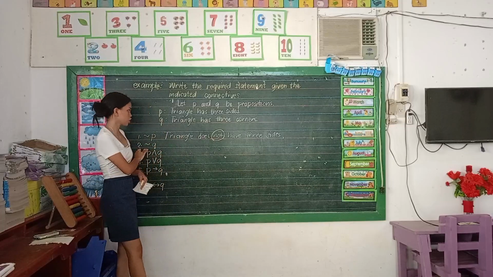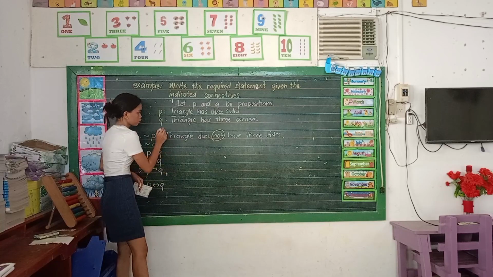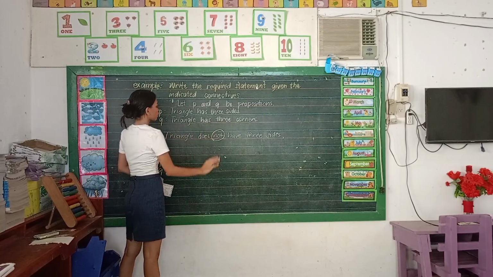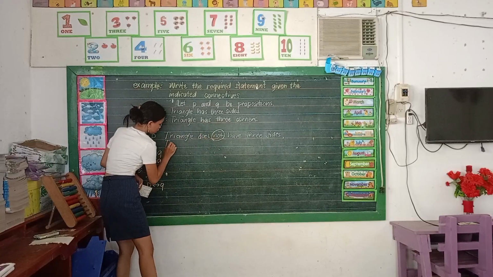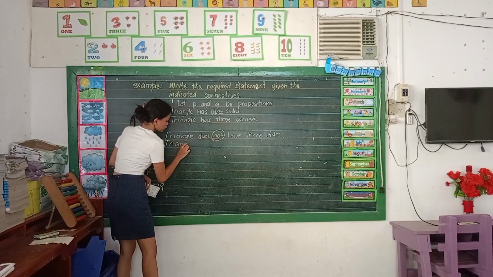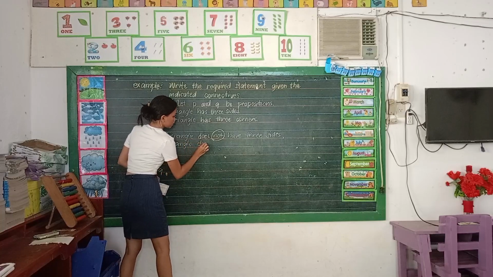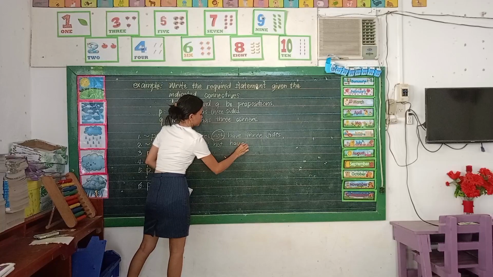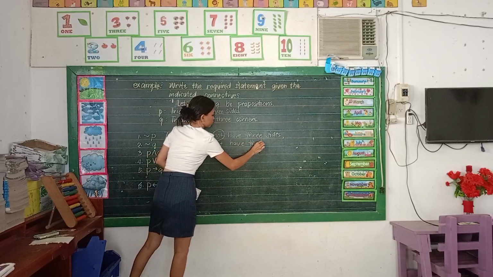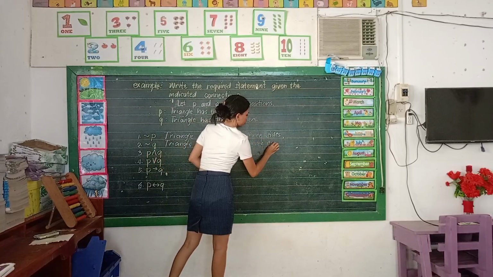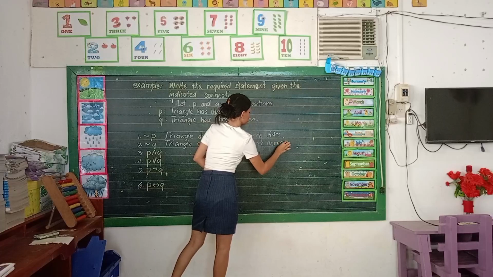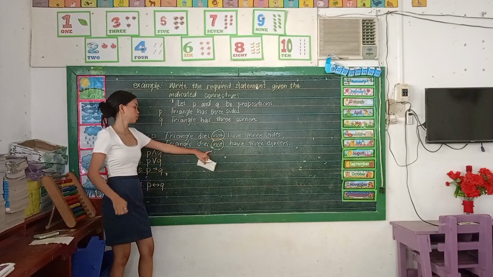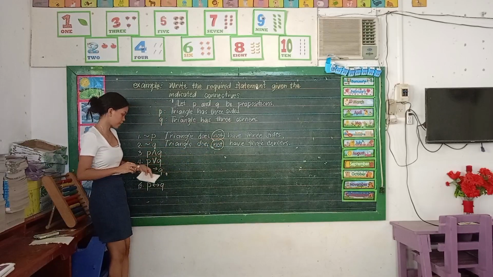Next, we are going to negate statement Q. Since our statement Q is the triangle has three corners, we negate it to: the triangle does not have three corners. So our term here is the word not. Therefore, the statement has been negated.